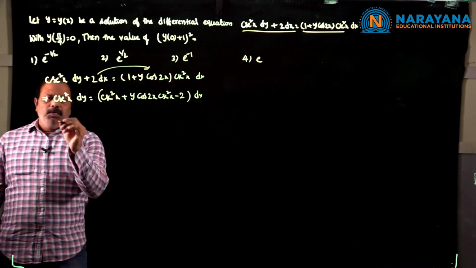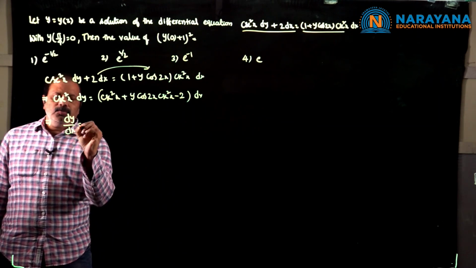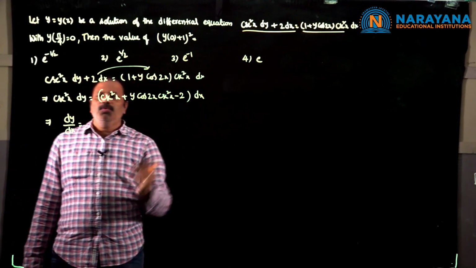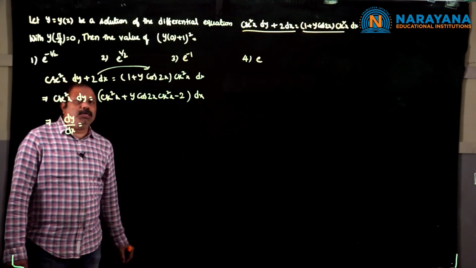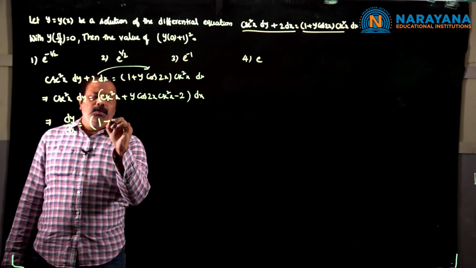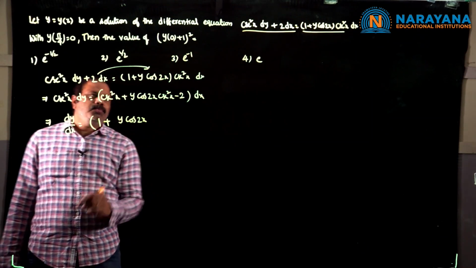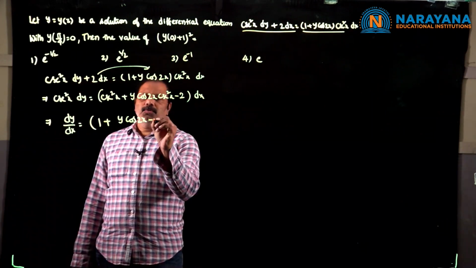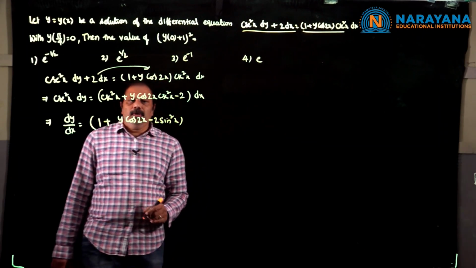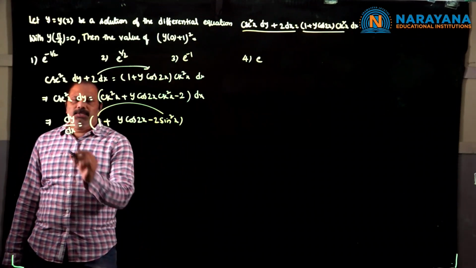Now, dy by dx is equal to... Here we need to divide the entire right side by cosecant squared x, which gives 1 plus y cos 2x minus 2 sin squared x. Now, 1 minus 2 sin squared x is nothing but cos 2x.